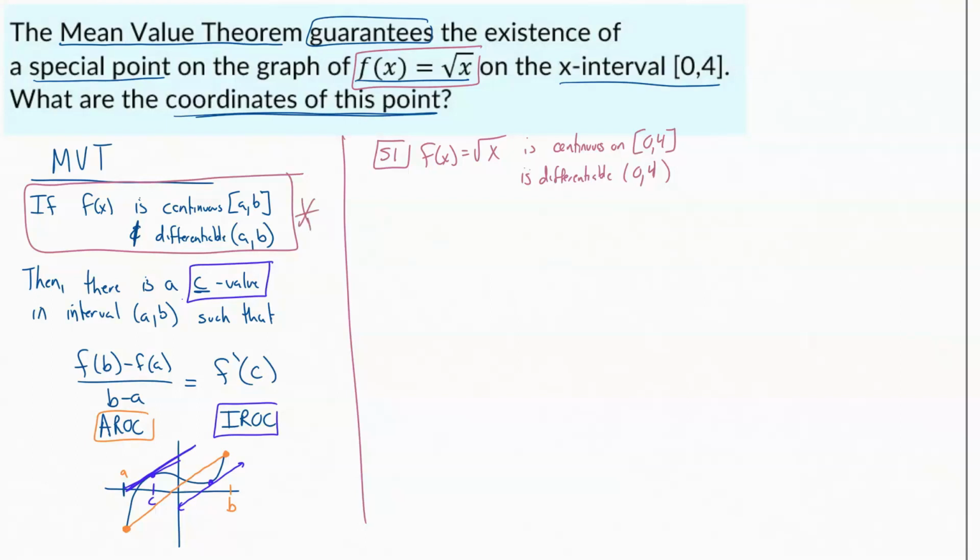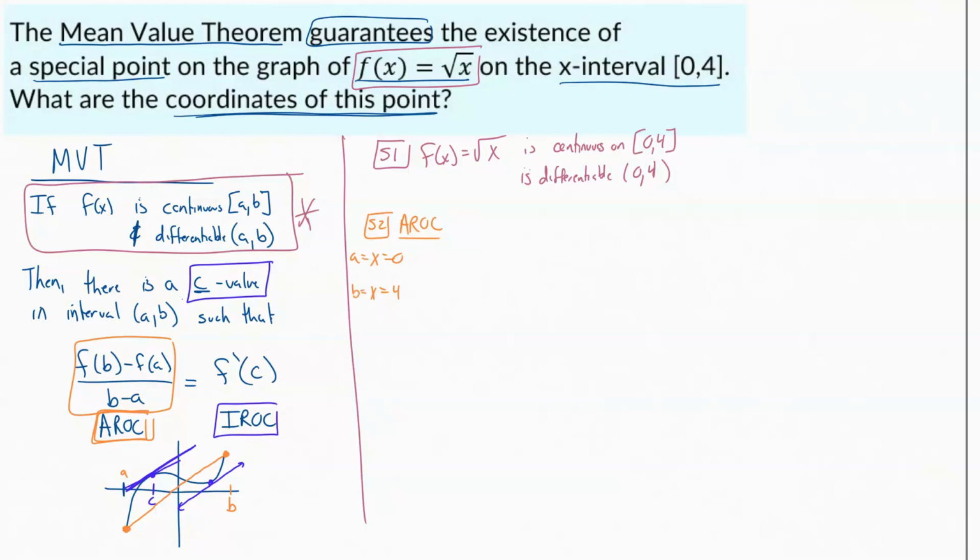To do the mean value theorem, the first thing you're going to want to do is find that average rate of change between our two endpoints. We've got an x value of 0 and we've got an x value of 4. That's my A and that's my B, right?